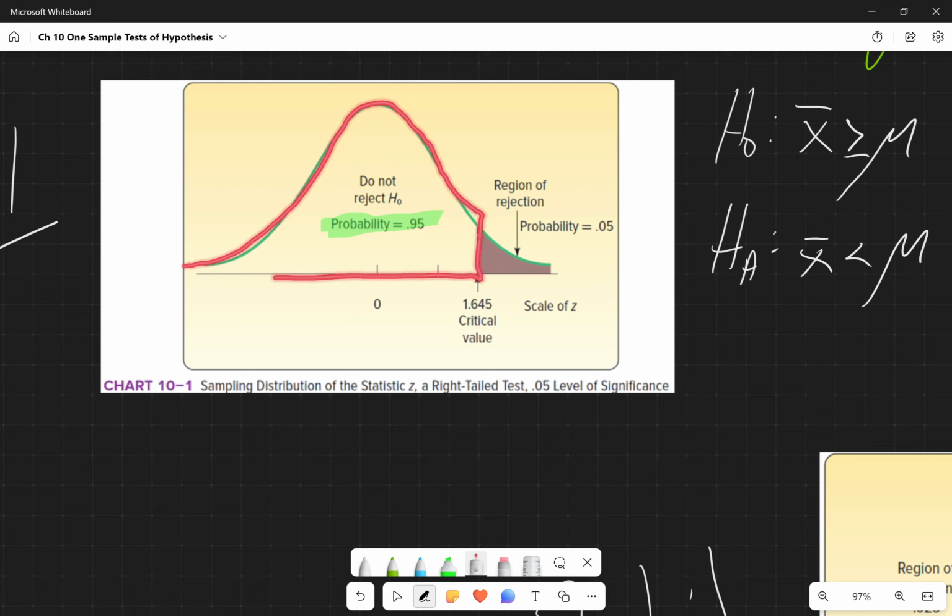Or it could be 0, or it could be 1.5, or it could be negative 0.5. If it's any one of those values, then we don't reject the null hypothesis. We don't have sufficient evidence to say that the population mean is statistically significant.